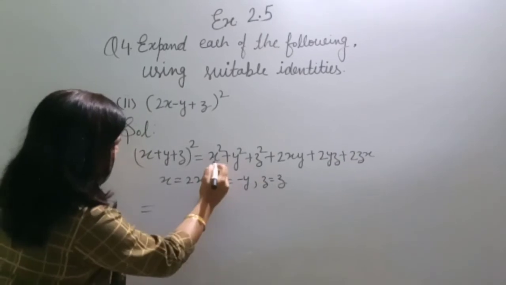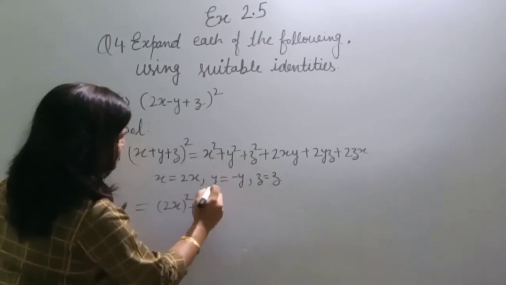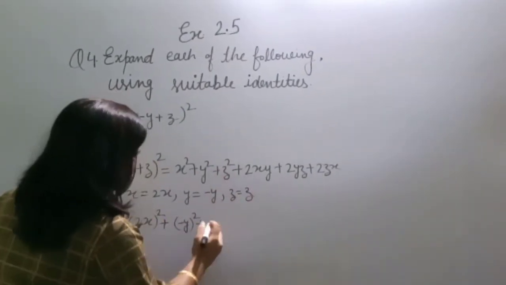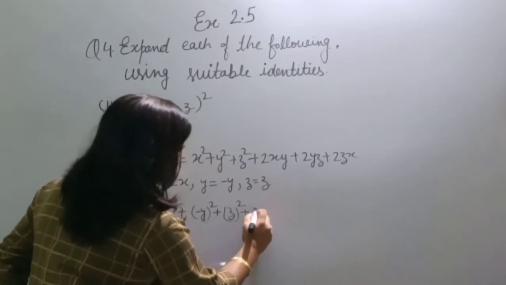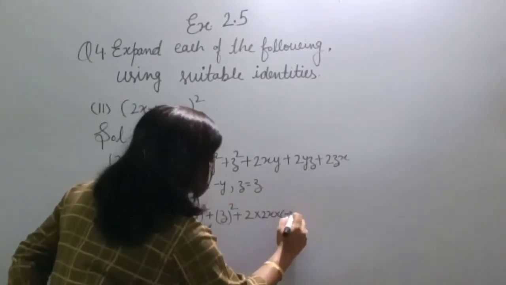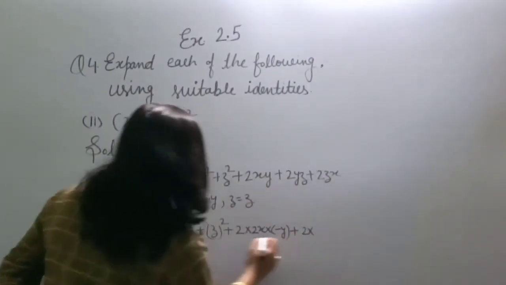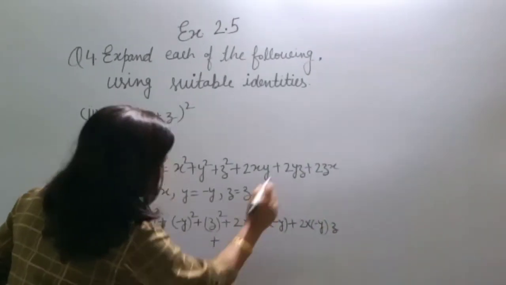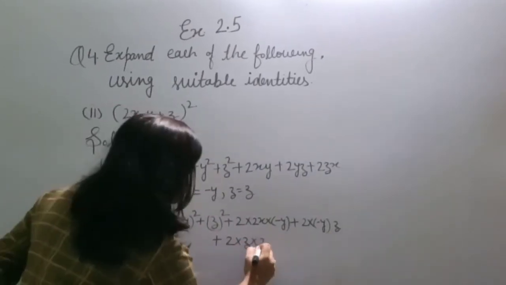So (2x)² plus (−y)² plus z², plus 2 into, in place of x 2x will come, in place of y minus y will come, plus 2yz, 2 into minus y into z, plus 2zx, 2 into z into 2x.